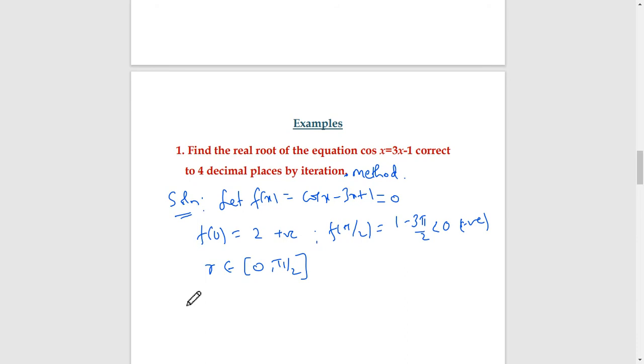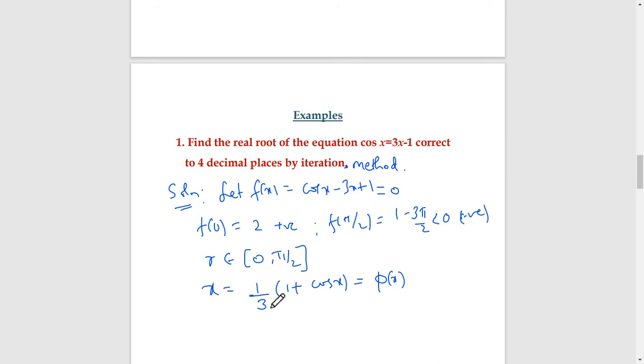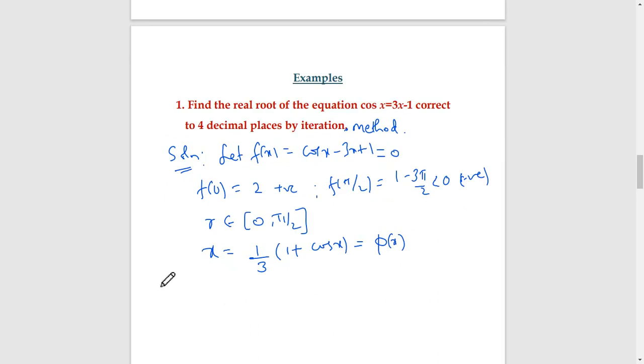Therefore I am going to write the given function in the form x is equal to phi of x. That is x is equal to 1 by 3 of 1 plus cos x. This I am going to take as phi of x. Also check phi dash of x.